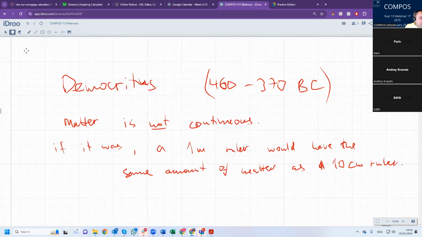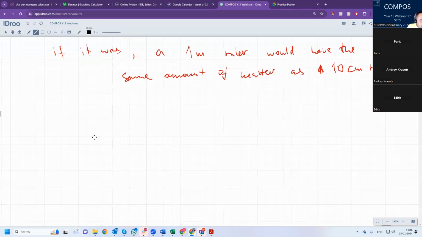Because if you draw a 10 centimeter ruler and a 1 meter ruler, you can find the equivalents. Every single point on a 10 centimeter ruler has an equivalent on the 1 meter ruler.